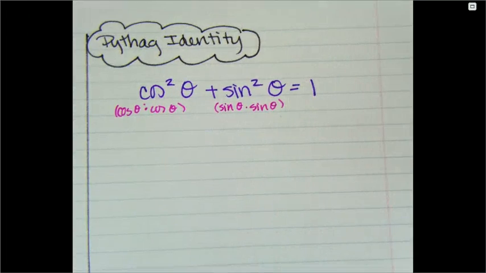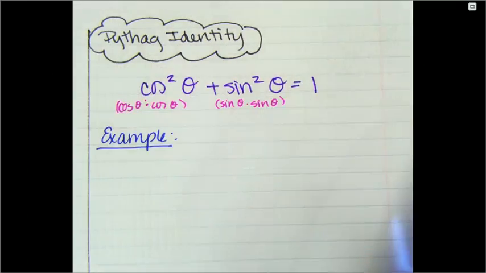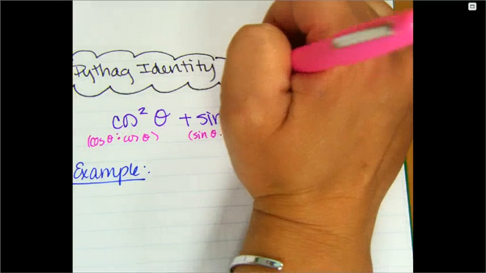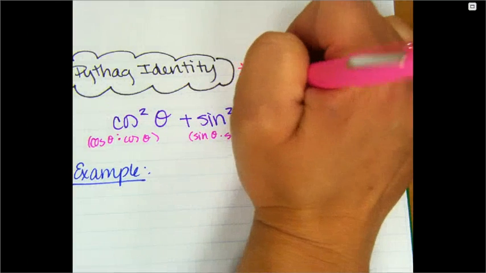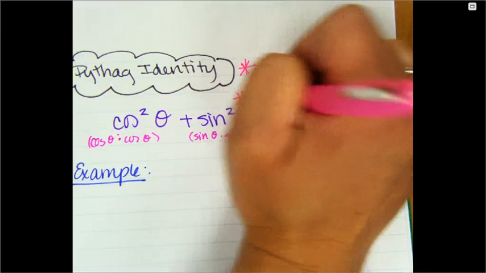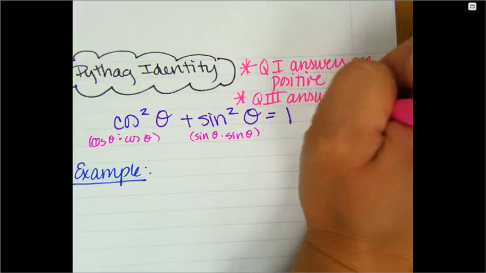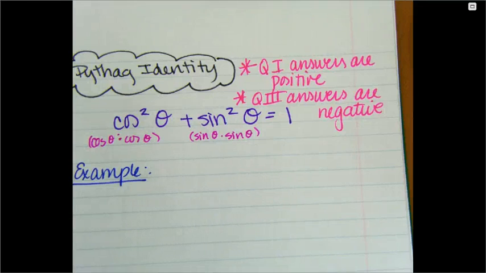Good? All right, let's do an example. Let's put a little note at the top. Quadrant 1 answers are positive. Quadrant 3 answers are negative. All right.